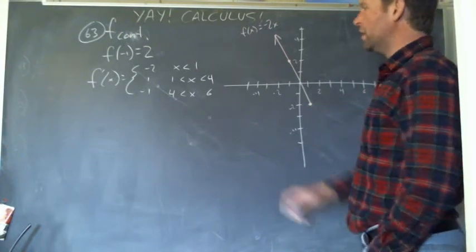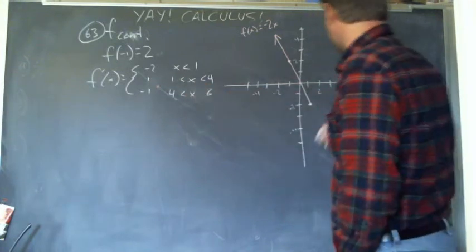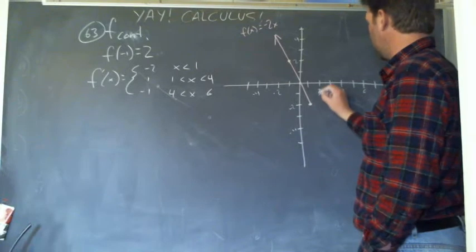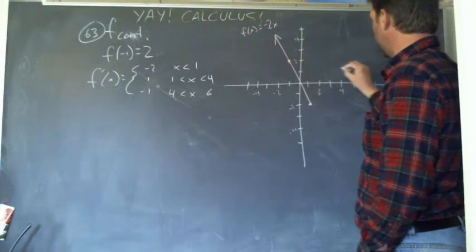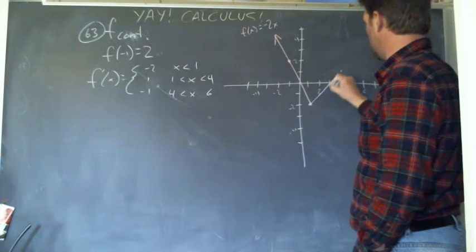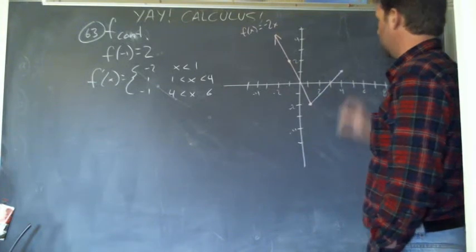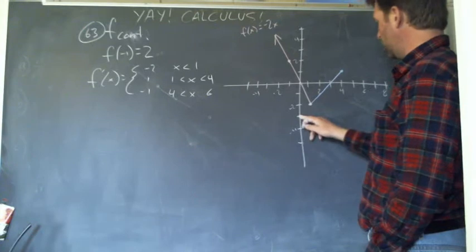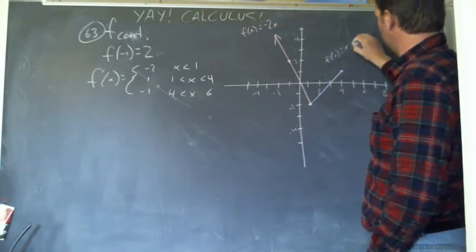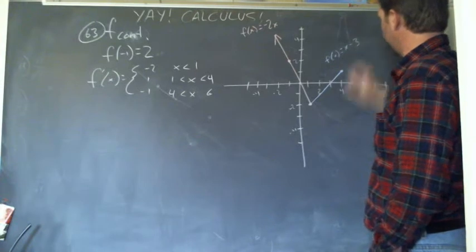Now our slope is 1, from 1 to 4. So we start here: up 1 over 1, up 1 over 1, up 1 over 1. So this line would hit there, so that's f of x equals x minus 3.